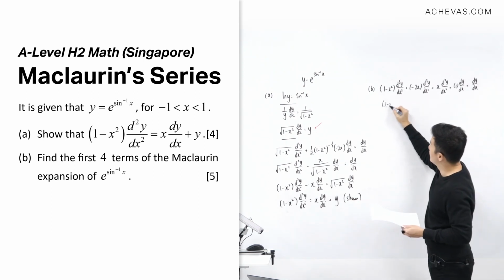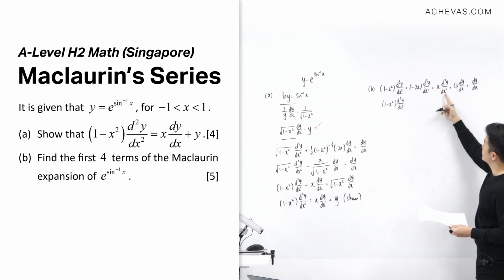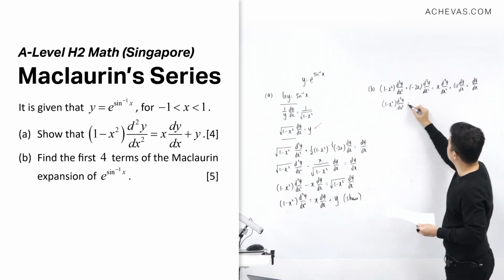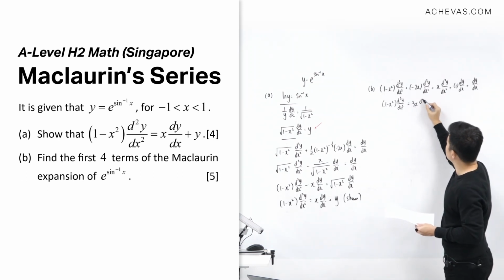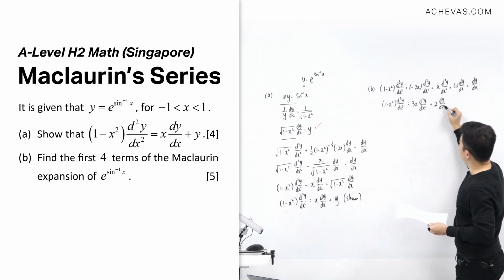Simplifying this, 1 minus x squared d cubed y dx cubed. This, I'm going to bring over to the right hand side to combine with this, which will give me 3x d squared y dx squared. Then this will be 2 times dy dx.